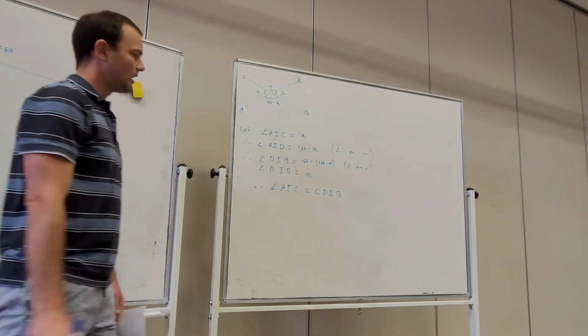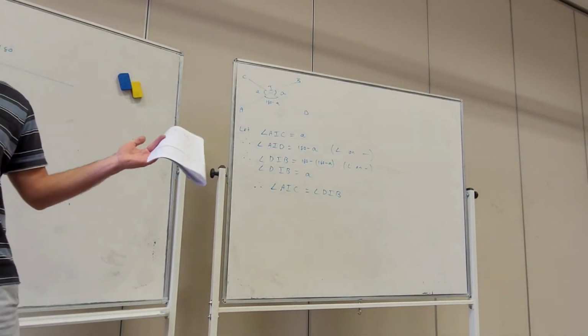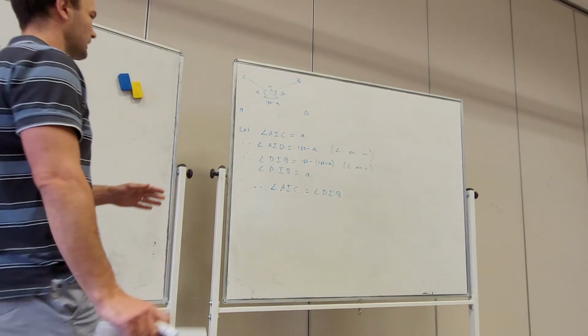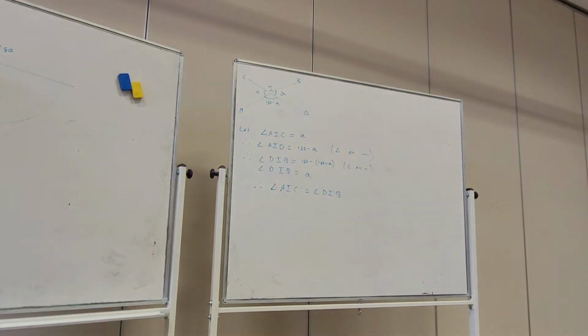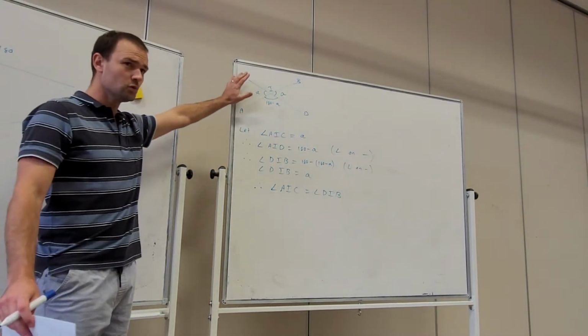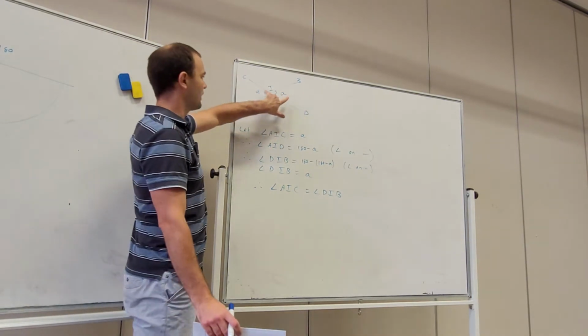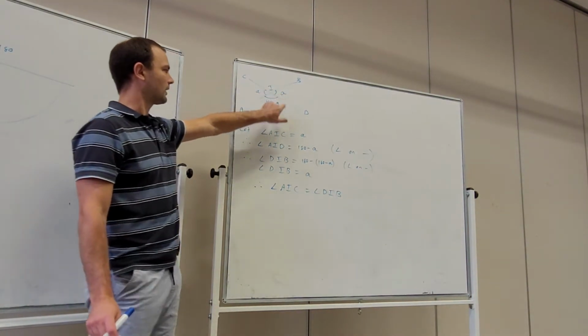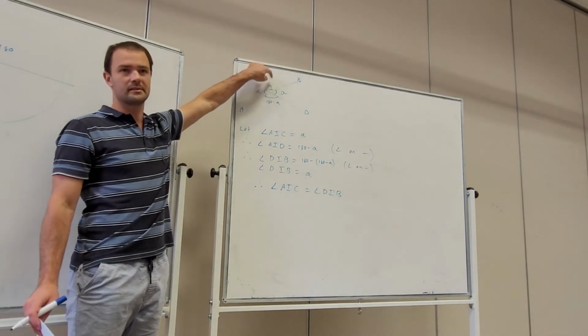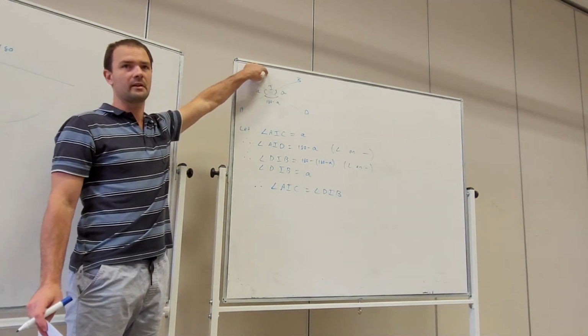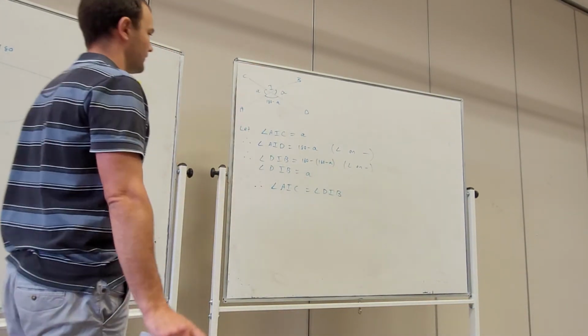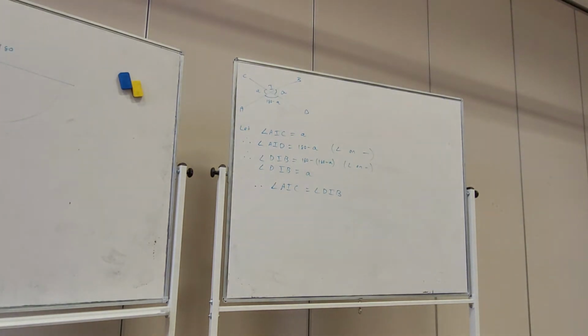So that's our proof. We started with a straight line being 180 degrees, and then we've managed to deduce that opposite angles are equal. This angle here, by extension, is going to be 180 take away alpha as well. There's alpha right there. So there's our first proof.